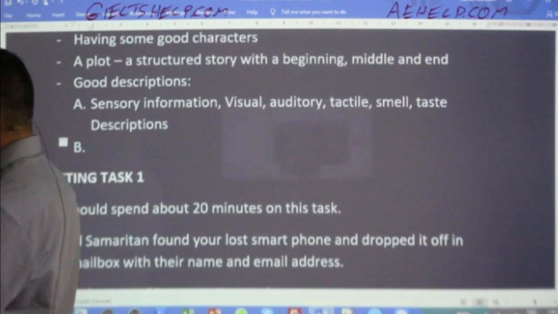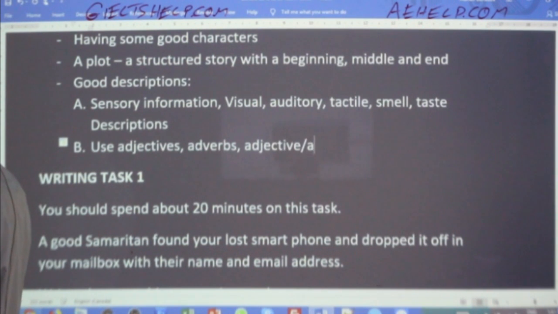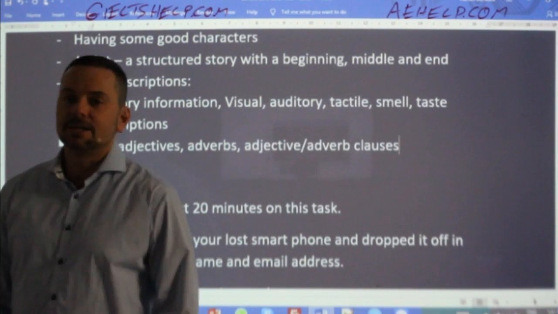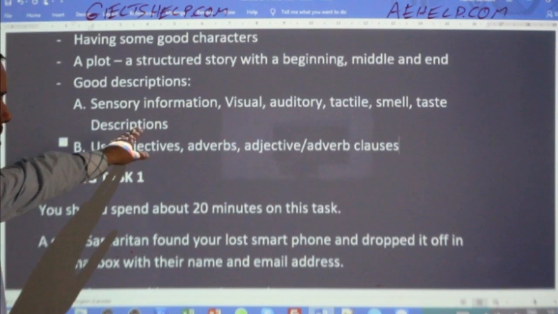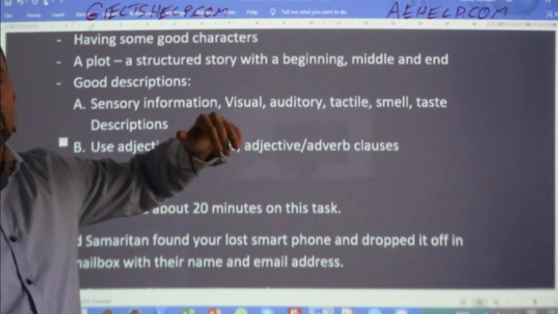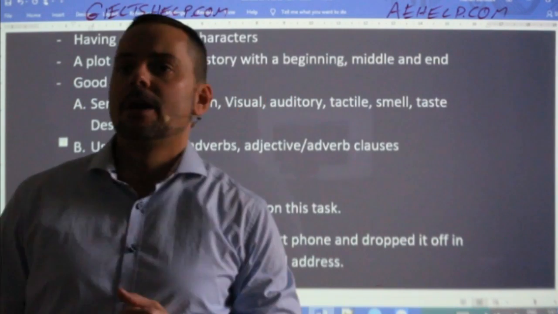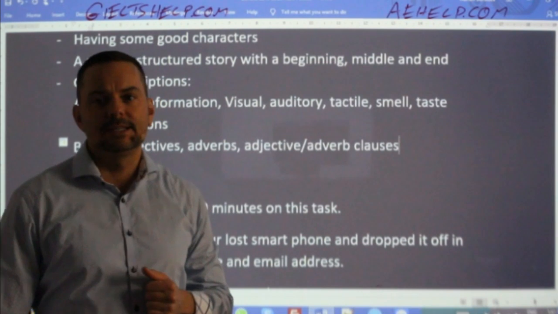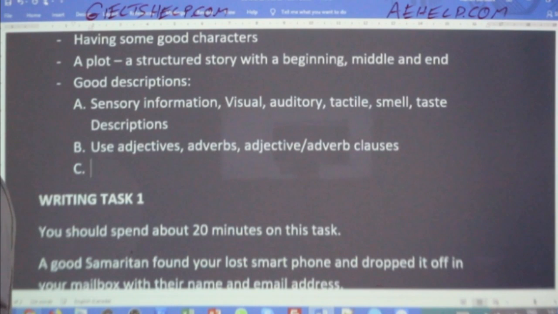So use adjectives, adverbs, adjective and adverb clauses. Absolutely. So that makes for good description. So you want to pay attention to that. And students, absolutely, when you're taking these steps, including this kind of information, your IELTS band score for your letter will go up, up, and up. SpongeBob says use some compound sentences. Yep. So compound and complex sentence use helps description as well.